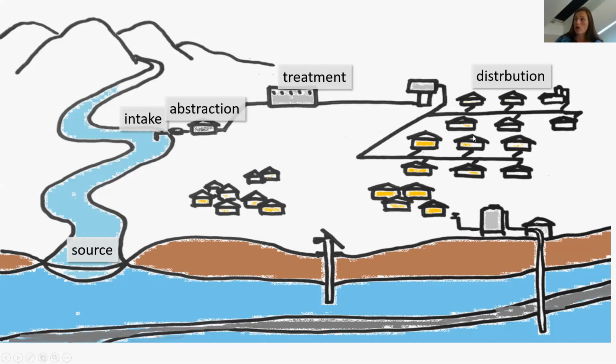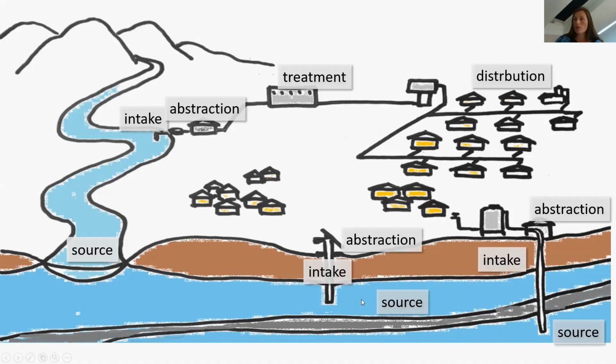If you look now at a more rural water supply system, then we would also have a source. For example, it can be groundwater, which can be deep or shallow. The water is also taken through an intake system. In a rural system, that can be a well, right? A deep well, a borehole, or a dug well.